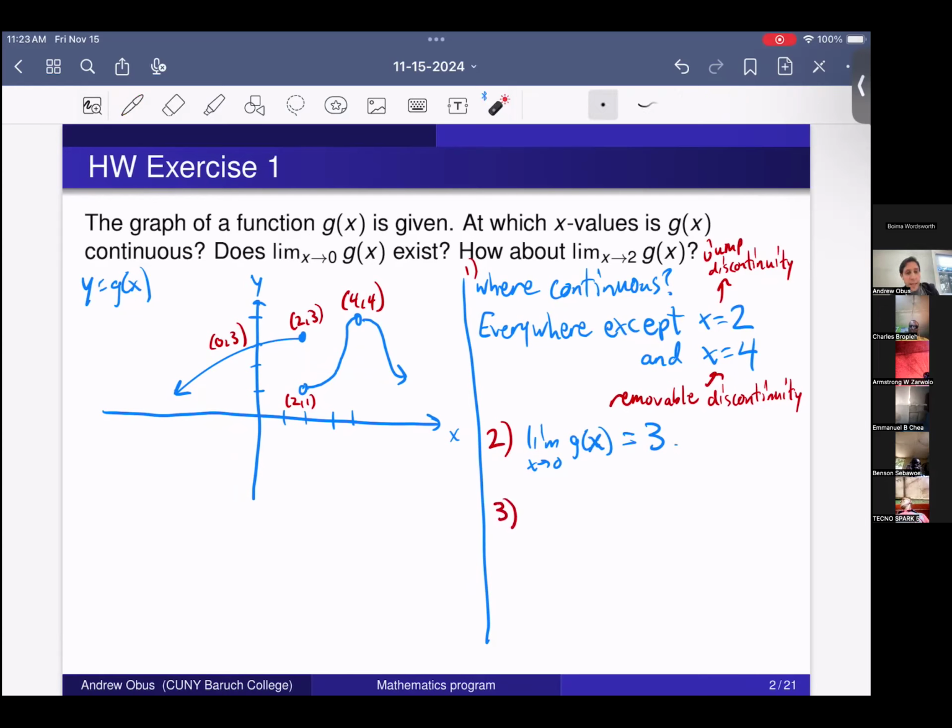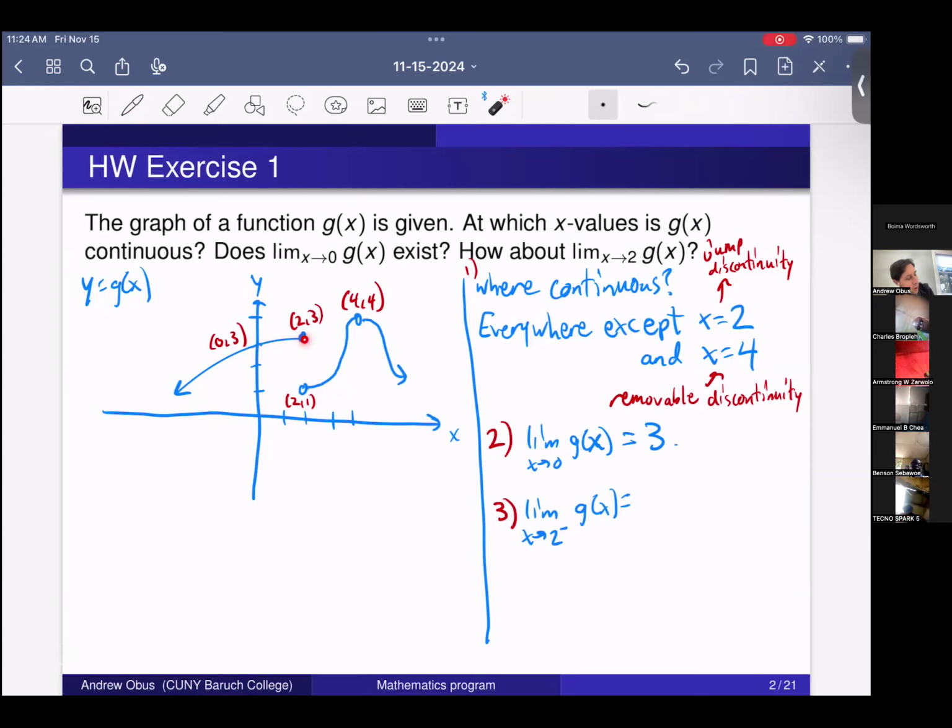And so the third part says, what about the limit as x approaches 2 of g of x? Does that exist? Well, we've already shown that the function's not continuous here. The problem is that when we approach from the left, that's different from when we approach from the right. So the limit as x approaches 2 from the left of g of x: what are the values getting closer and closer to as x goes to 2 from the left?